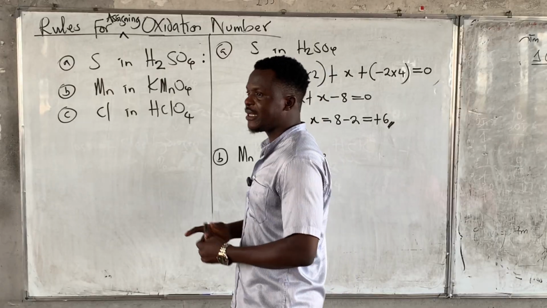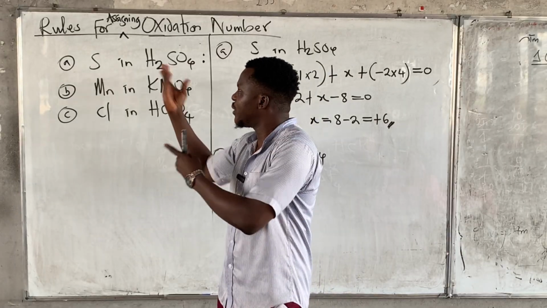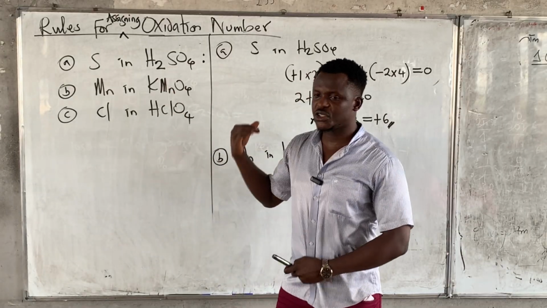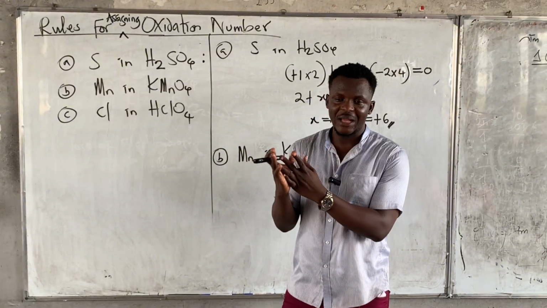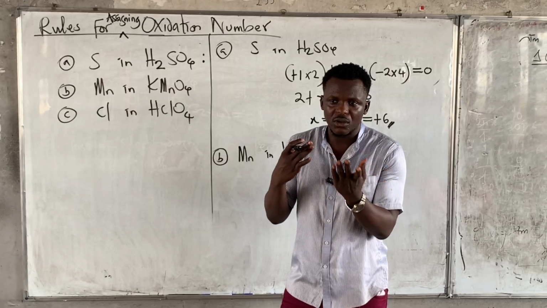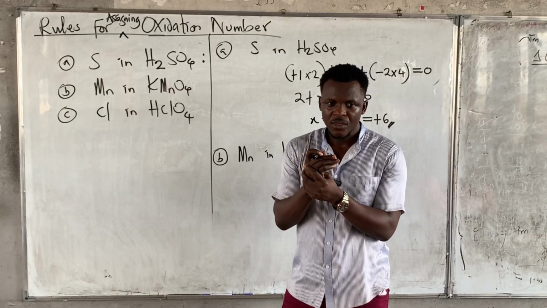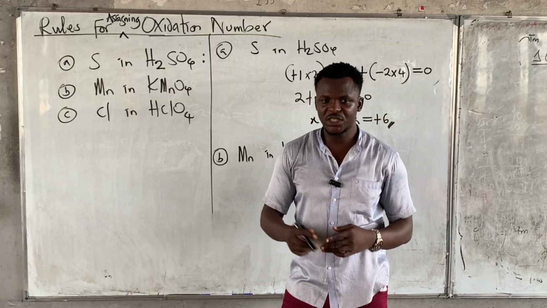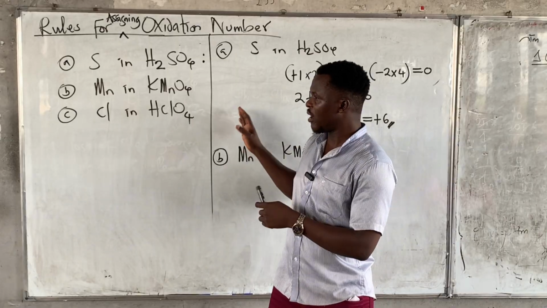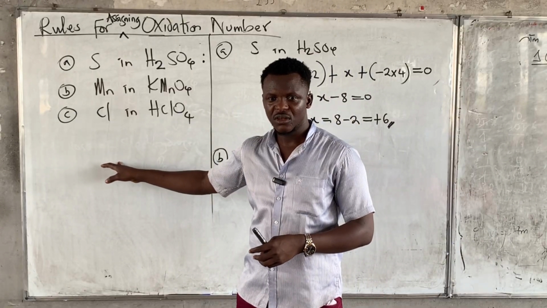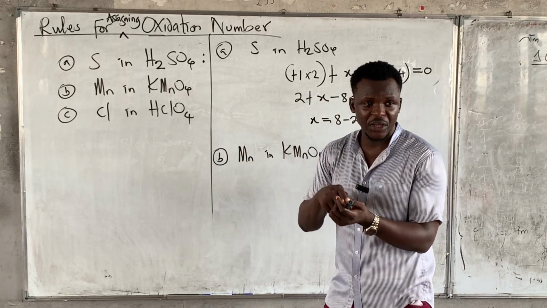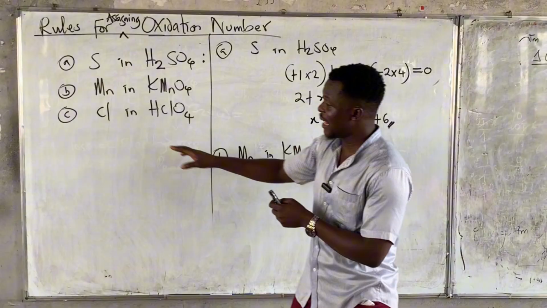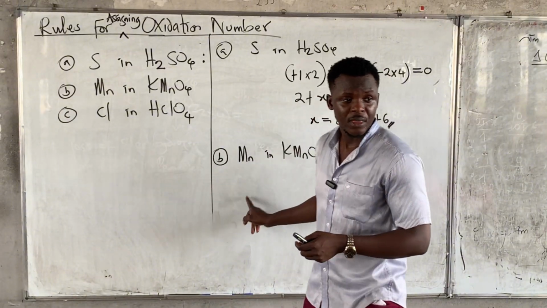Now what is the application, or why do we need this? Because in a redox reaction, reduction and oxidation are carried out simultaneously. So you need to know what is oxidizing and what is reducing. If sulfur on the left-hand side of a reaction was +4, and on the right-hand side you solve for that same sulfur again and you see +6, it means sulfur has moved from +4 to +6.